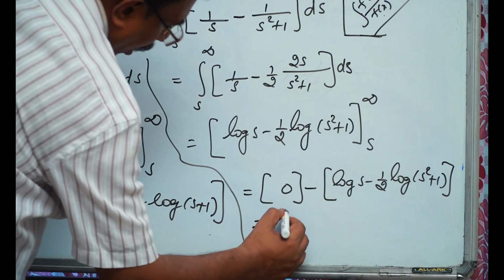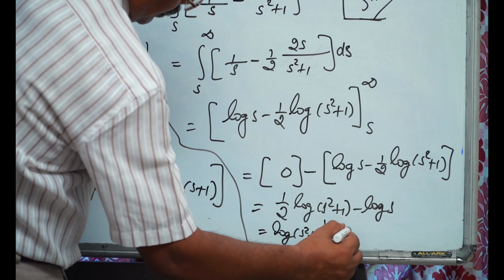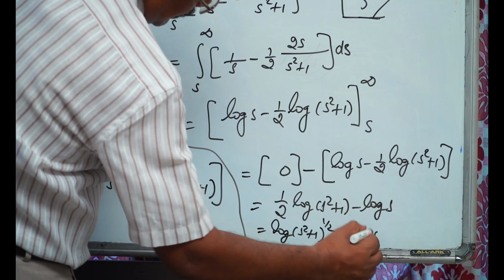In the logarithmic rule, if any number is in front of log, we can take it as a power, as log of (s square plus 1) whole power 1 by 2 minus log s. Here only one step. Minus means by using this, the denominator will come, you know.